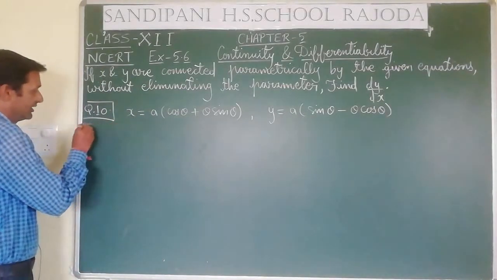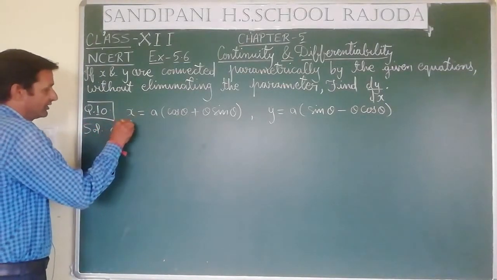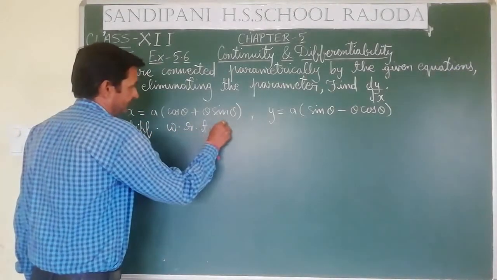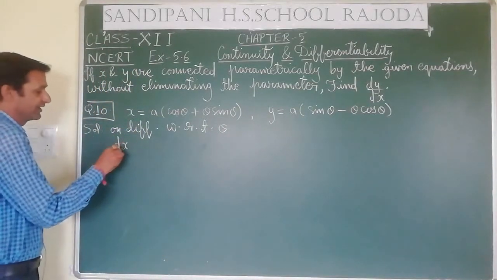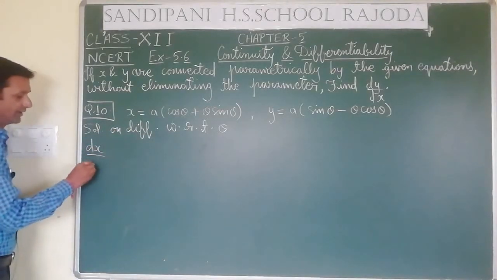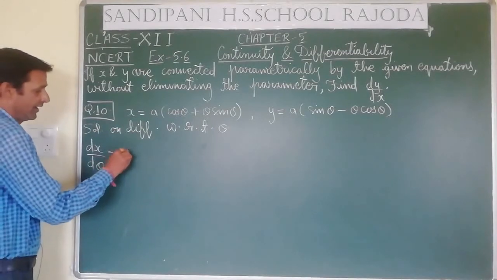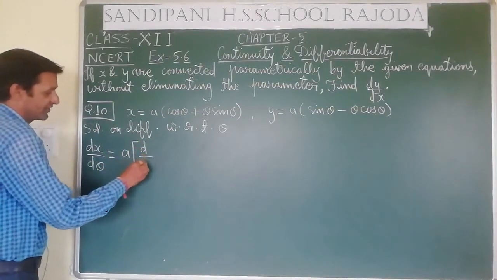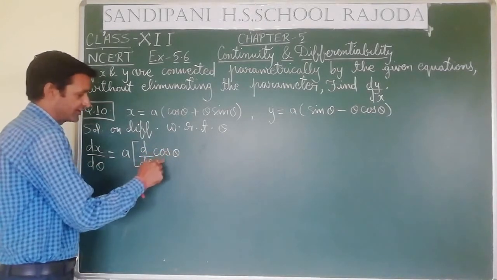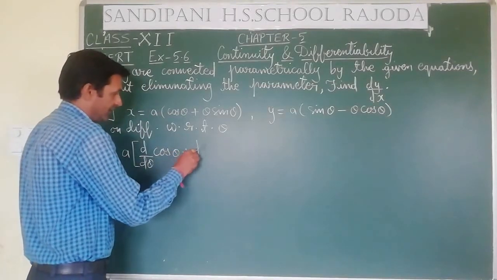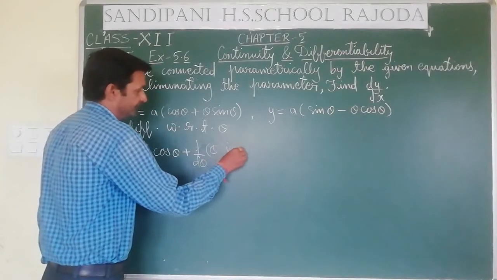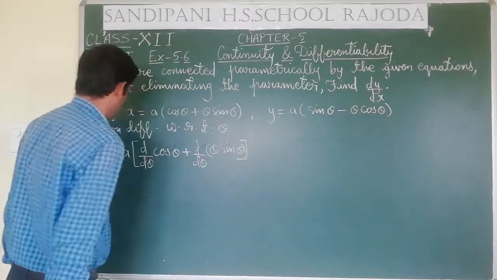So on differentiating with respect to theta, dx by d theta is equal to a, which is constant and taken out, d by d theta of cos theta, that is differentiation of cos theta with respect to theta, plus differentiation with respect to theta of theta sin theta, and this bracket is now closed.